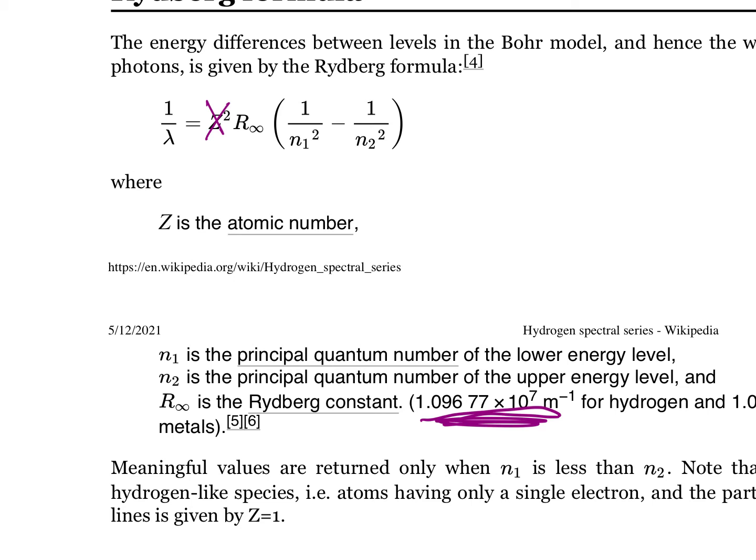Usually 3 or 4 is more than enough. The N1, that's going to be the lower energy level. So for the Balmer series, N1 is 2. Don't forget to square it to make it 4. And for your N2, that's going to be your 3, 4, 5, 6, 7, etc.